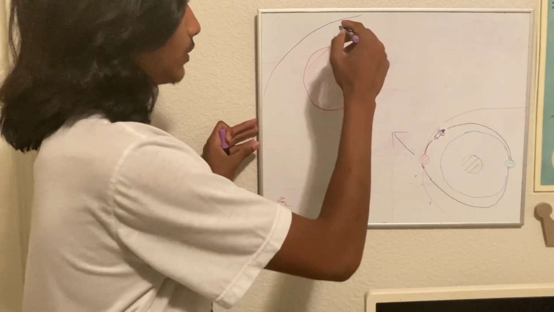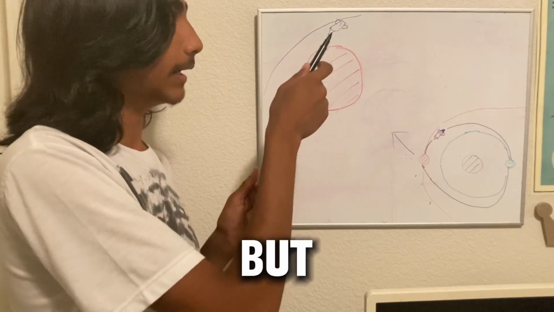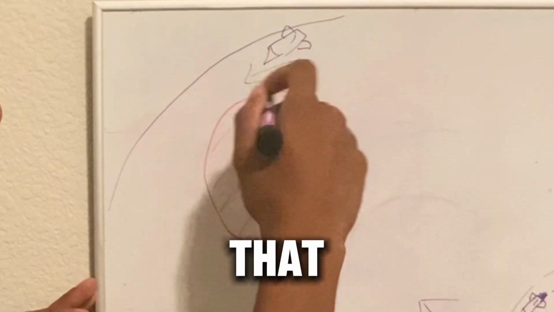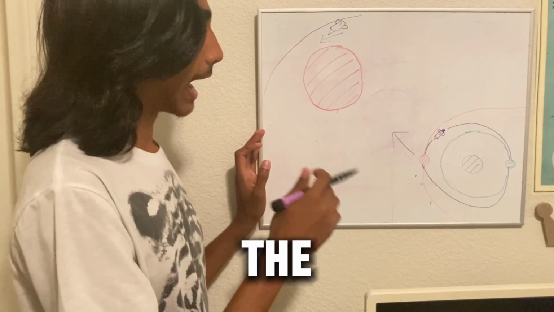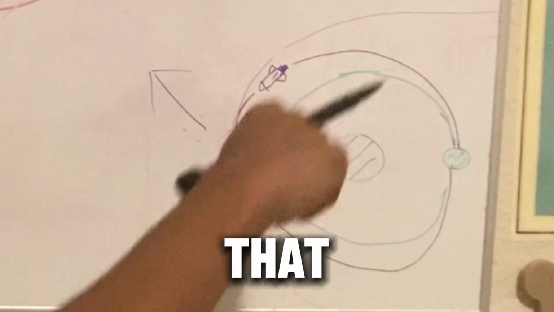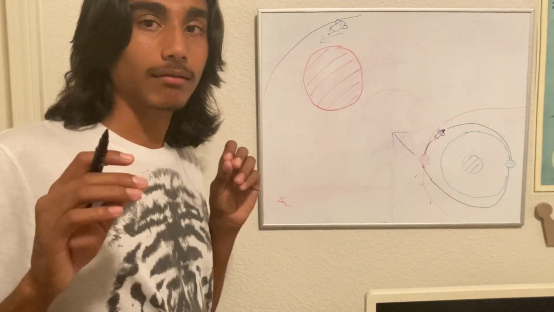So we have our rocket. Now, it's here, but it's moving in that direction, and it's moving a lot in that direction. The actual orbit is that big. So how is it going to stop?